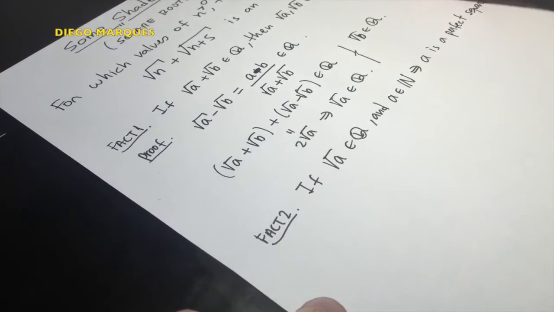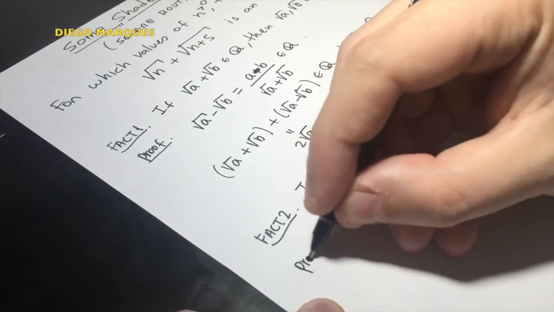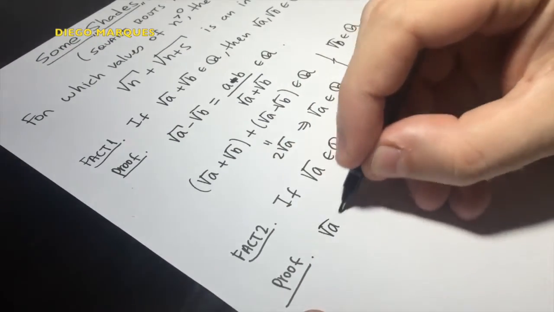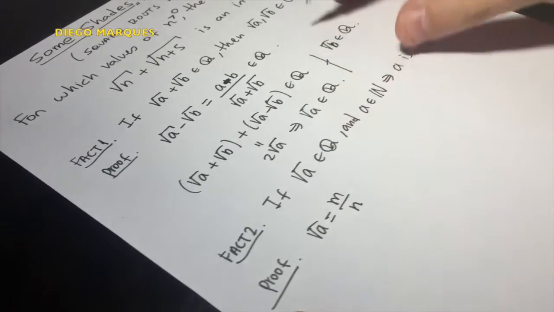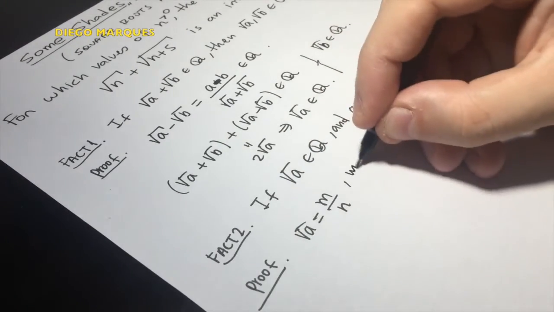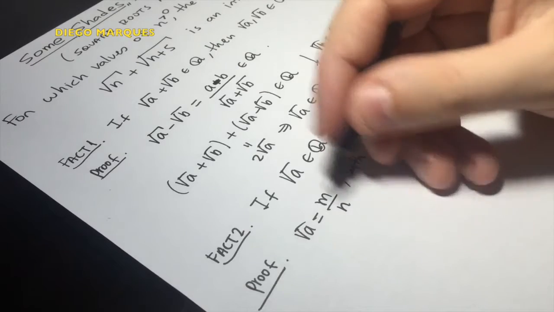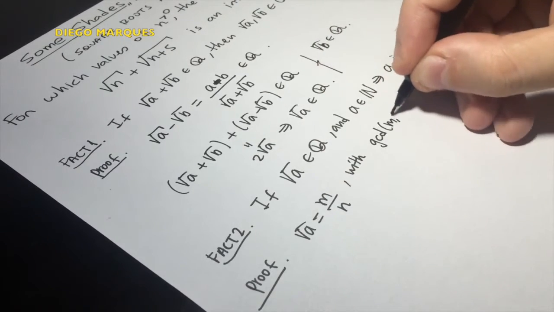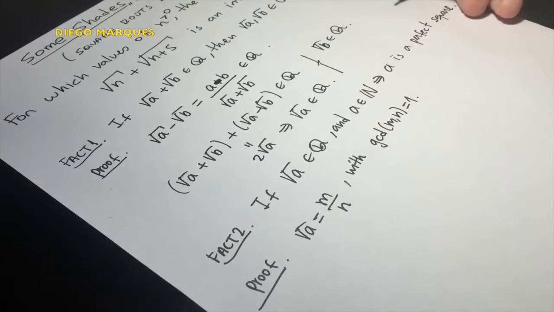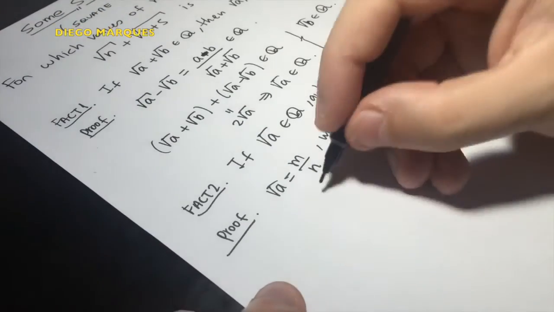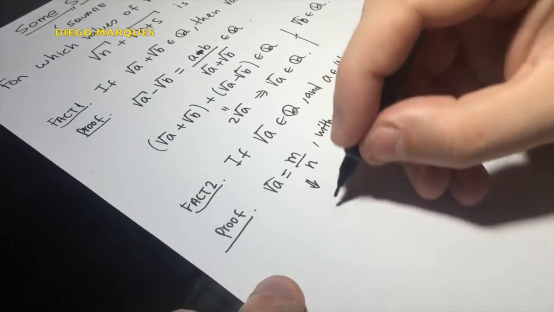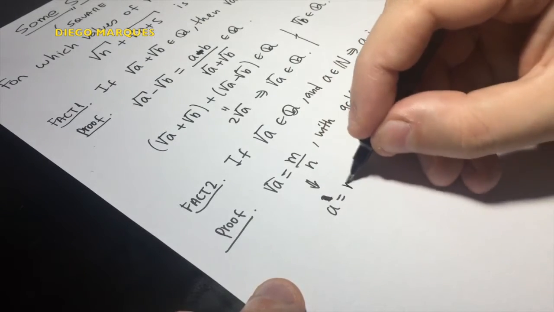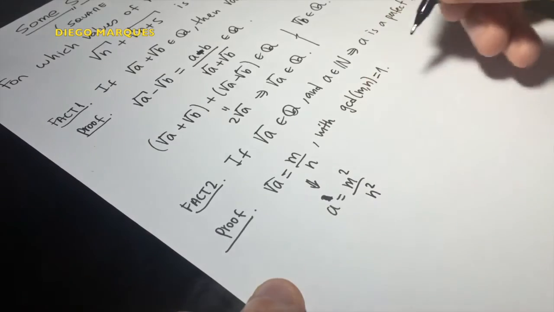How to prove this? Suppose that square root of a is a rational m over n in irreducible fraction. So the greatest common divisor between m and n is equal to 1. Okay, so I can square this equality, and I will have a is equal to m squared over n squared.